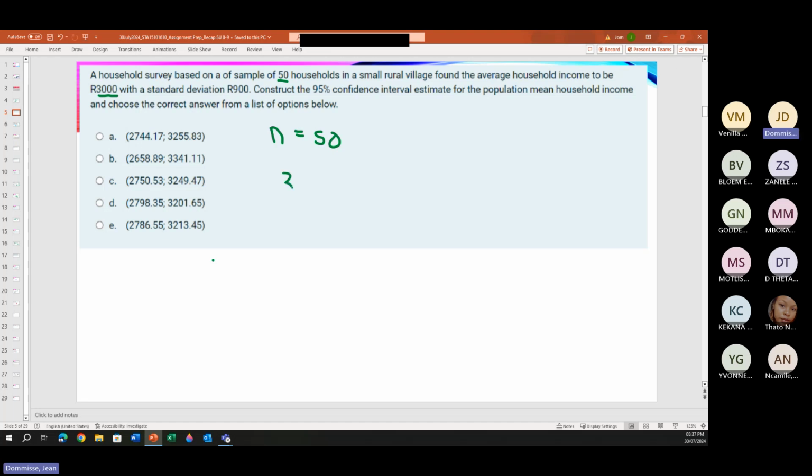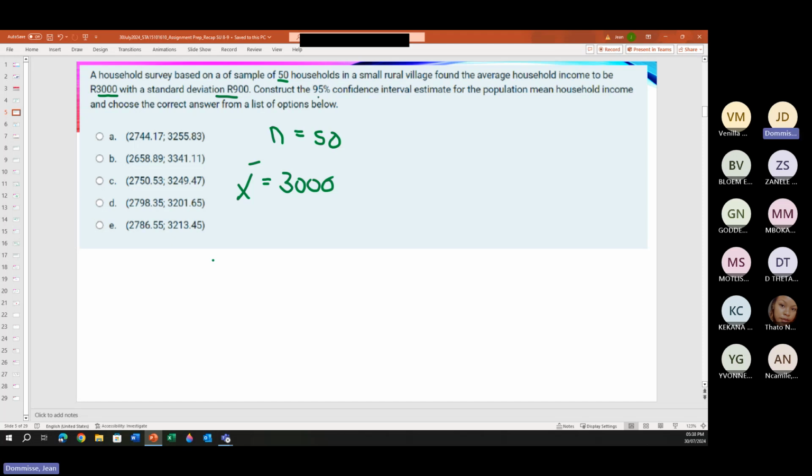So average household income is 3,000. So that is our x̄, with a standard deviation of 900. Construct the 95% confidence interval estimate for the population mean household income and choose the correct answer from the list below.